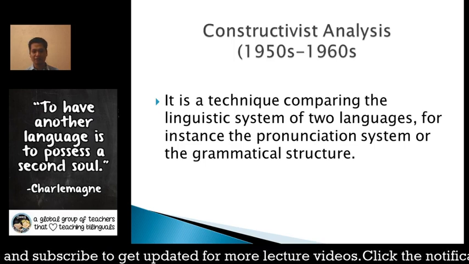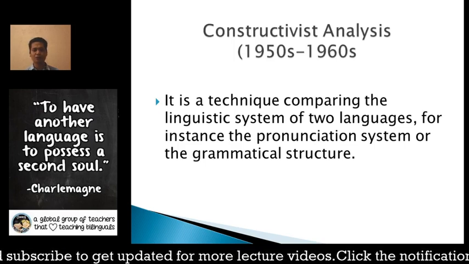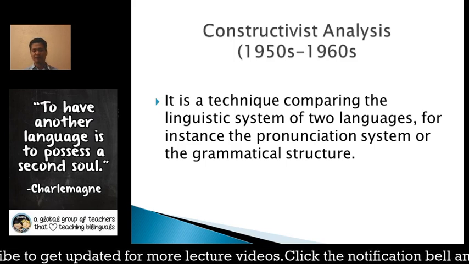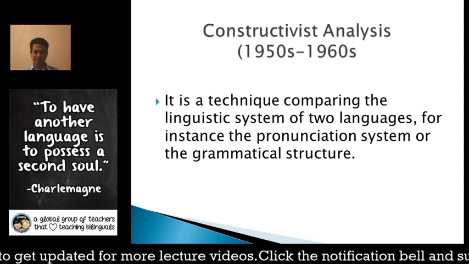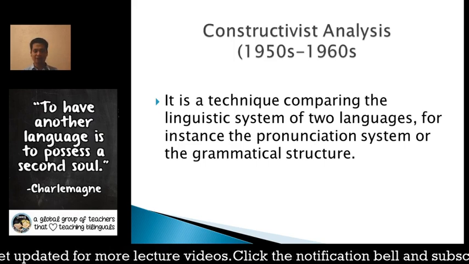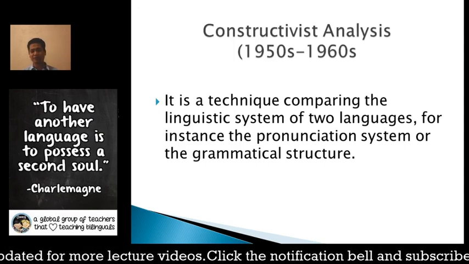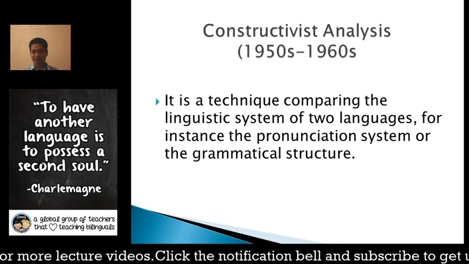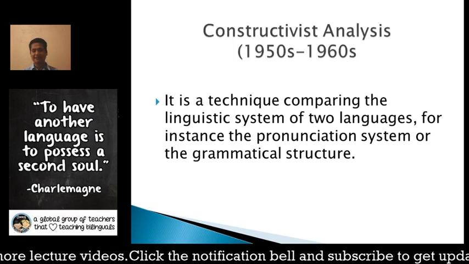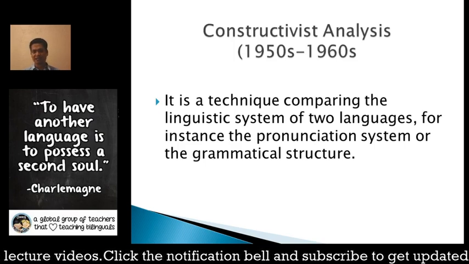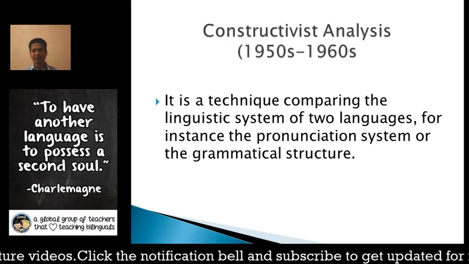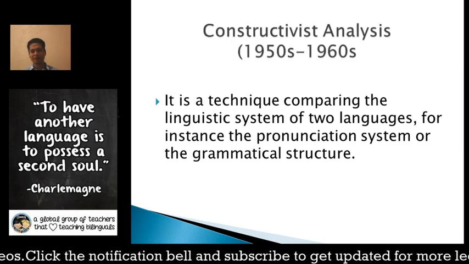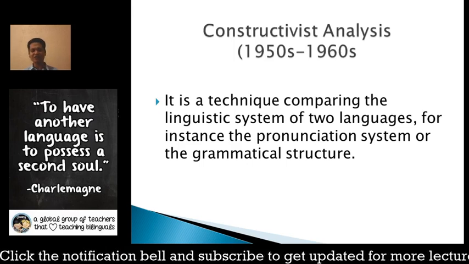The V sound, sometimes we say it as B. For example, vase, instead of saying vase, we Filipinos sometimes would say base, because we don't have V sound in the Filipino language. That's also true with the sound of letter F, right? Sometimes we pronounce that as what? P, right? Instead of saying father, we would say father, right? And so on and so forth, right?